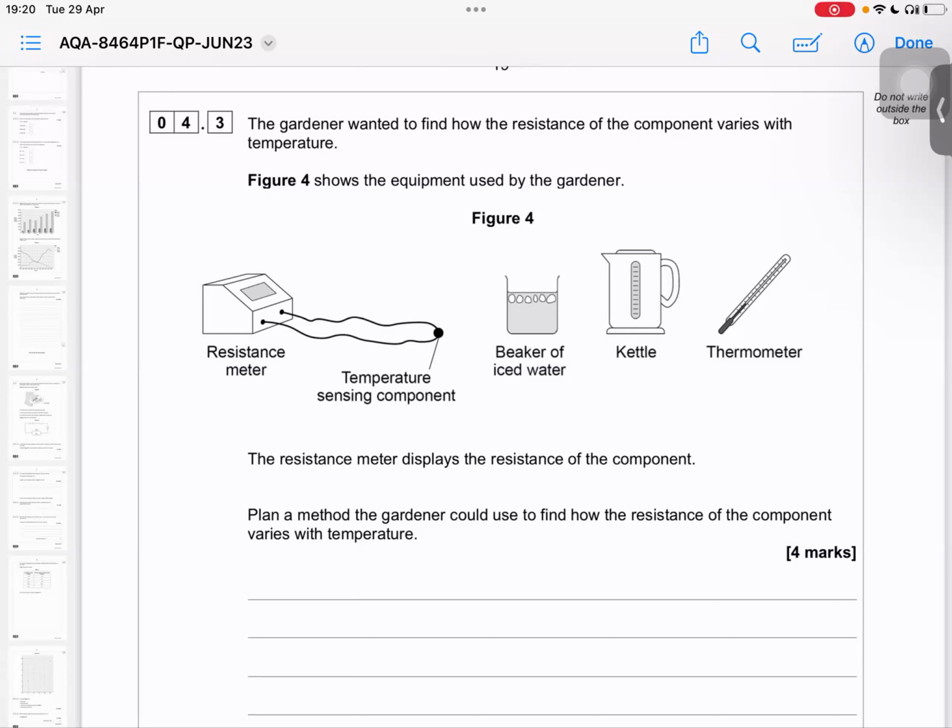So it will be put in the iced water first. Then the next thing would be adding small amounts of hot water to the iced water. That will help us increase the temperature of the iced water as we go. And then we'll be using the thermometer to check the change in temperature. And all the while, we will be recording what the resistance meter shows.